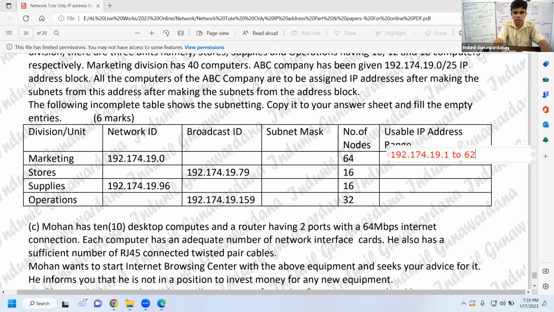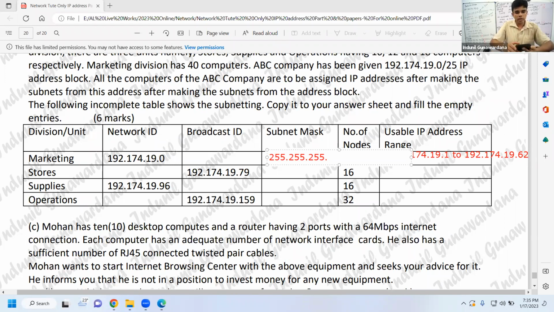Then you have to write the complete IP, right? Since I am lazy, I don't type it, but I'll type it, otherwise you will complain. So 192.174.19.62. Then what is the subnet mask of that one? 255.255.255.192, right?